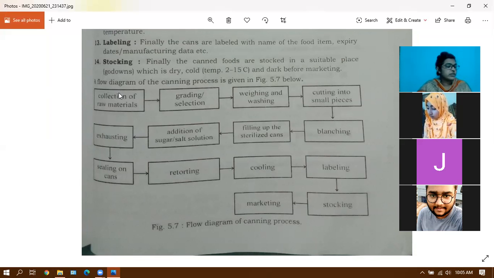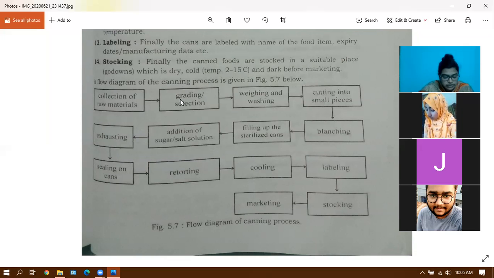First, the raw material from that foods have to be collected and selected: uniform shape, color, smell, uniformly fresh and defectless foods or vegetables. That means raw material. Next, grading or selection.